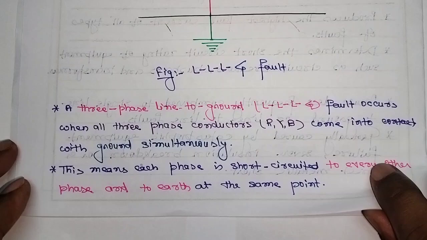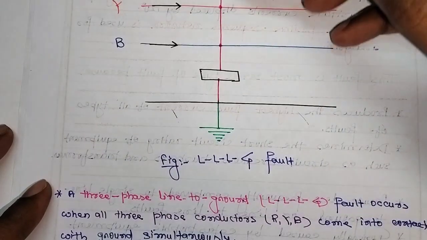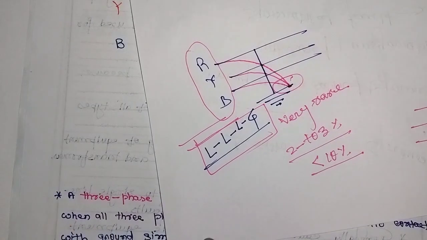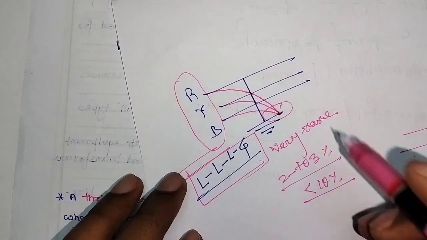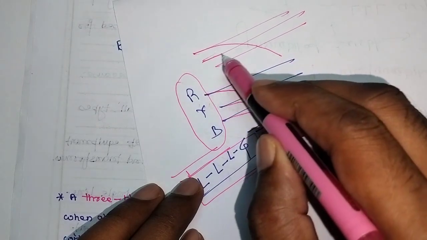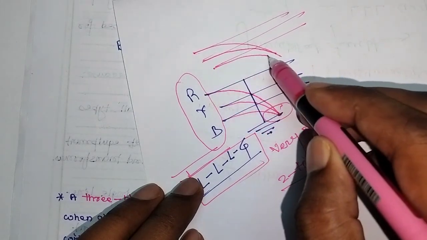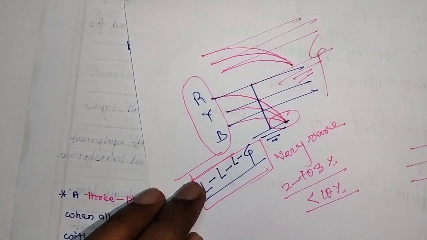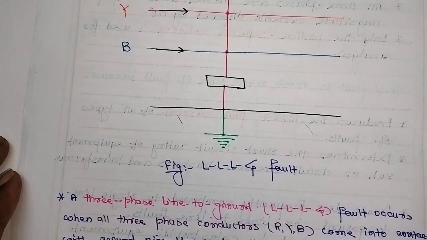In the diagram also I have shown that whenever the fault occurs in the system, all of them, after the breakage, touch the ground at the same point only.